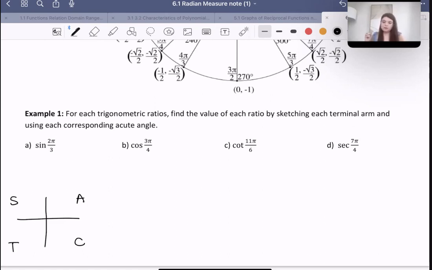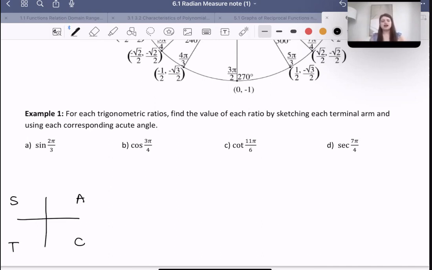One thing to remember though is that C starts in quadrant 4, not quadrant 1. Or some people like to start in quadrant 1 and remember ASTC, or all students take calculus or something like that. Whatever mnemonic device you need to remember it, just make sure that you know that.